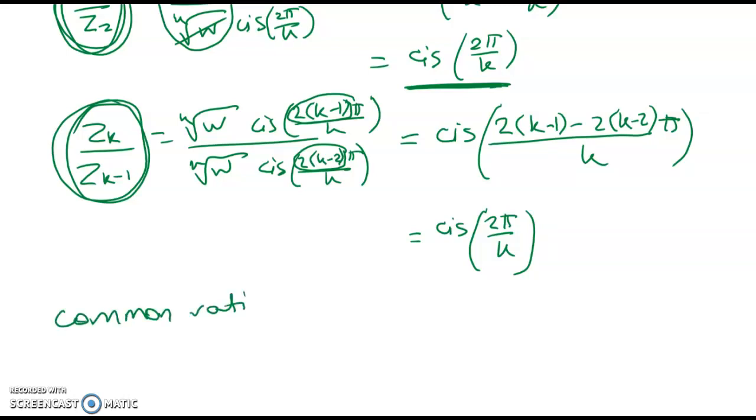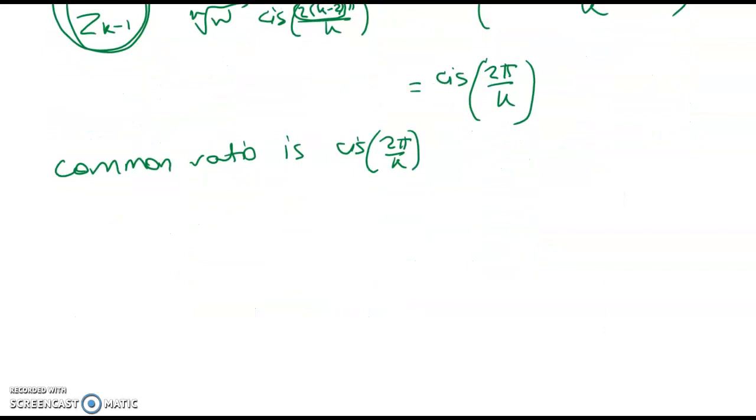The common ratio is cis of 2 pi on k. And the sum of the first k terms is z1 plus z2 up to zk. So we can write that with sigma notation. We don't have to do that, but we might as well get comfortable with this.